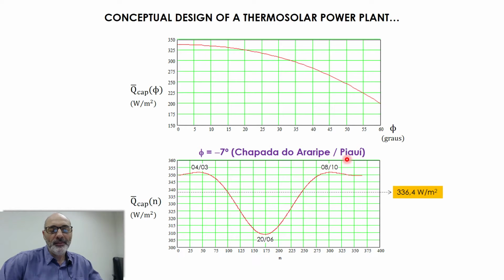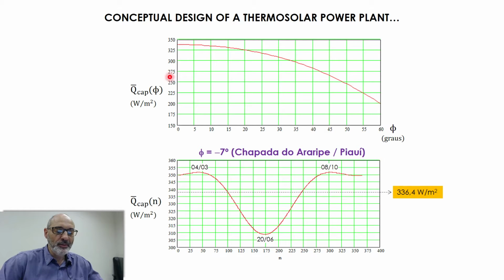I've mentioned that we are going to build in Chapada do Araripe, in Piauí. The latitude there is -7, so we get 7 degrees. It's almost 325, 340 something here. So in Piauí, we can plot this during the days of the year. This is the amount during the days of the year.